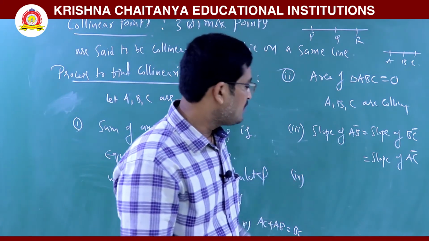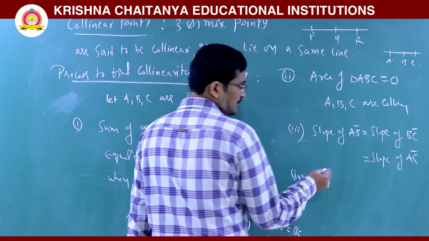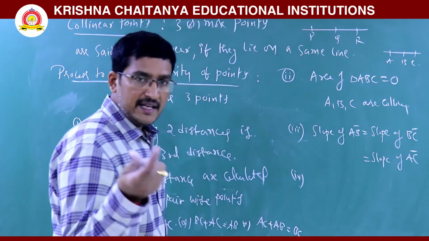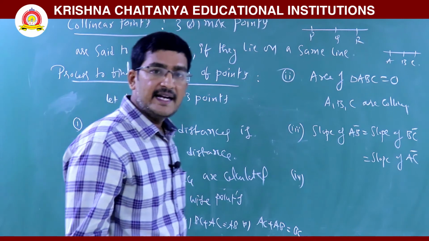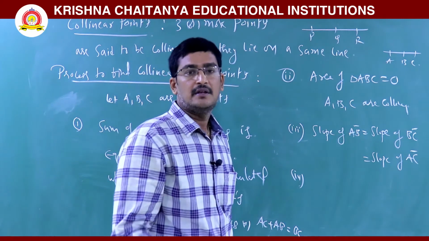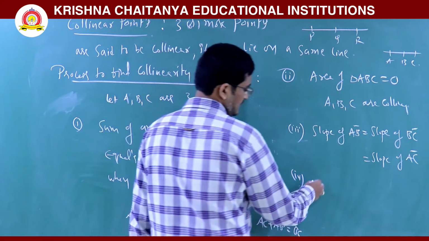So this point tells that suppose you find the line equation formed by any 2 points, that line is satisfied by the third point.